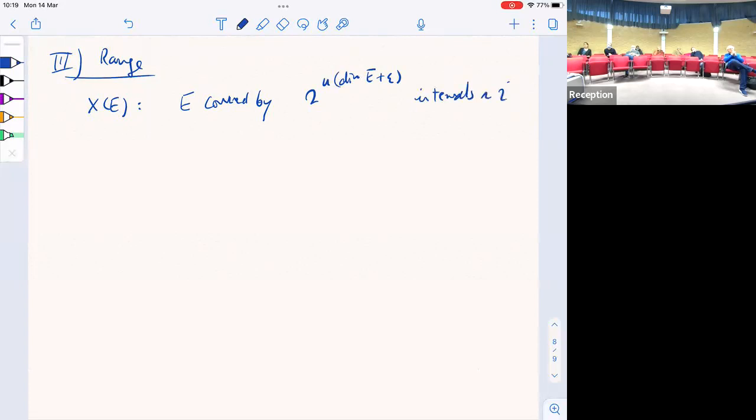The first claim is really deterministic. There's nothing random about it. So for any set of Hausdorff dimension D, if we only use balls of diameter 2^{-n}, then we need this many to cover it, for n large and epsilon.